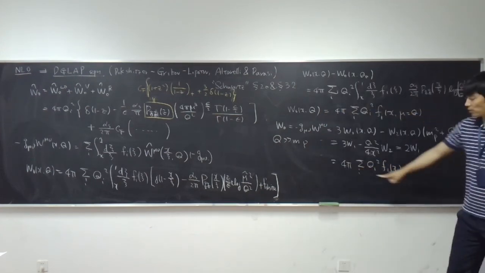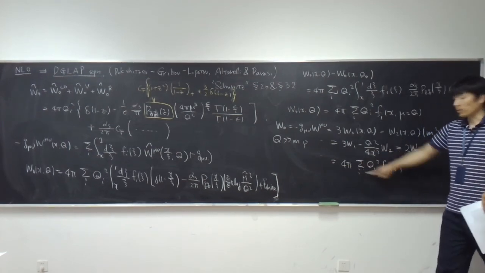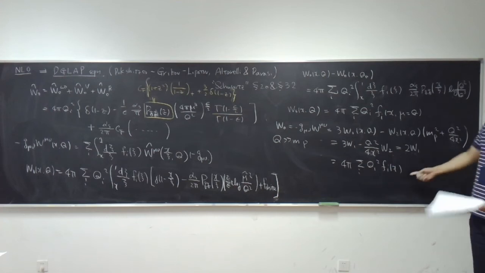W1 is 2 pi times that, then times 2, you get the 4 pi. At tree level, this is the case.